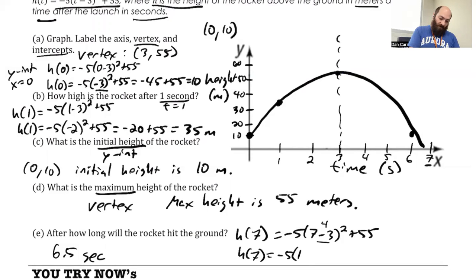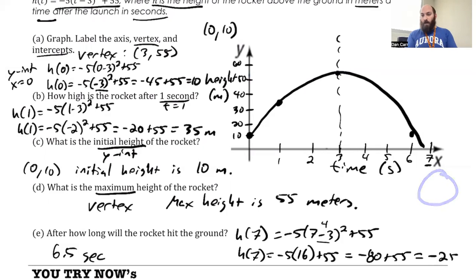So we're going to take -5 times 16 plus 55, which is -80 plus 55, which is a negative number, -25. This rocket is not going underground, but we are correct in assuming it's somewhere between 6 and 7 seconds. So 6.5 is pretty close. We'll call it that.